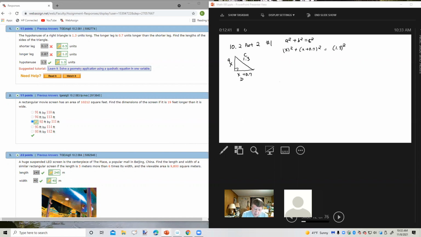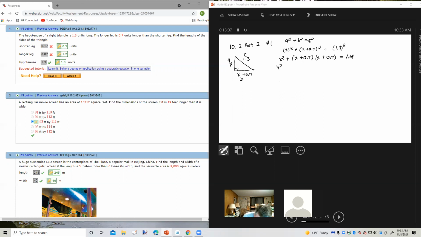Okay. So we have x squared plus x plus 0.7 times x plus 0.7 equals, let's see, 1.3 quantity squared, I believe, is 1.69. And it is.